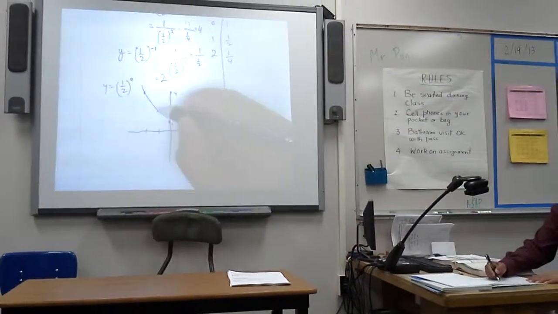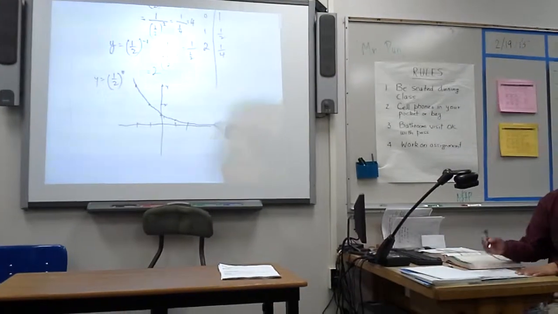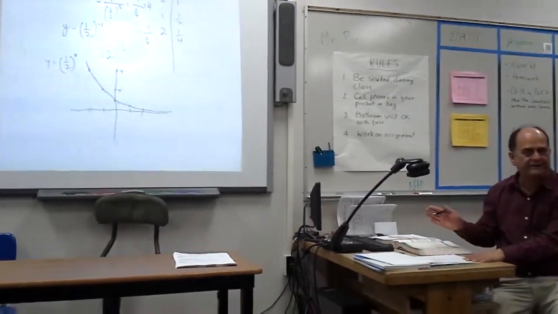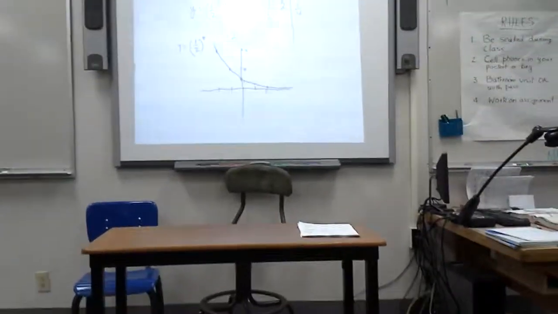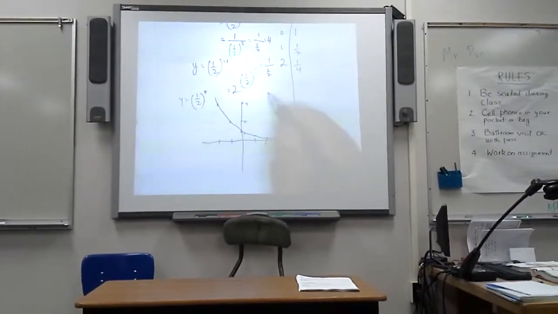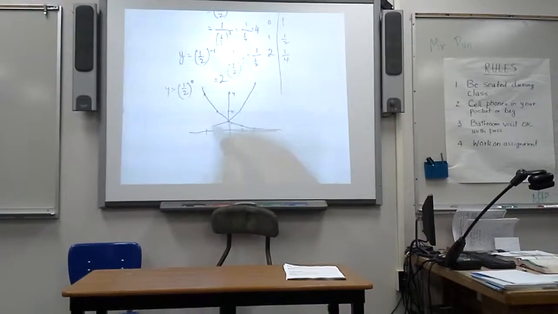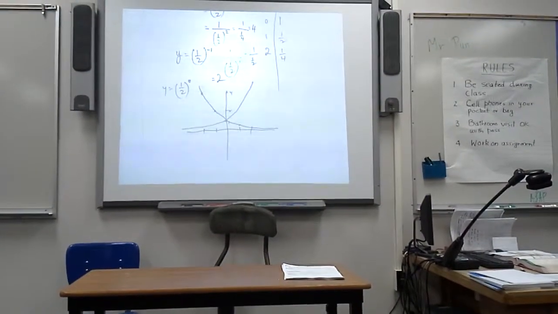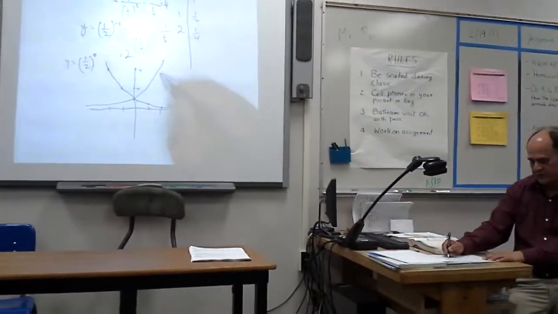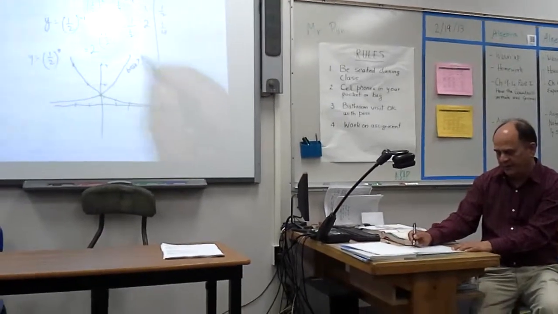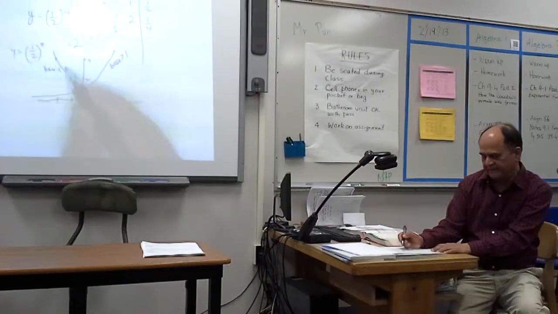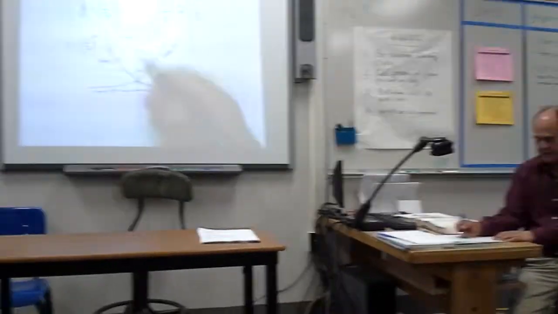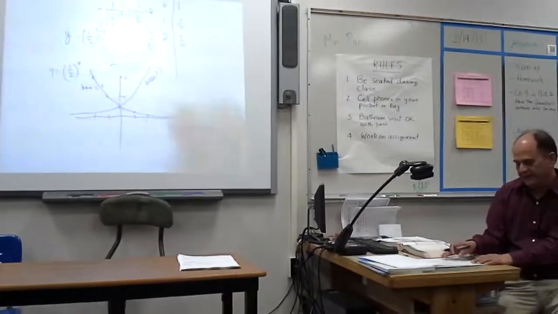So you notice the curve goes from left to right. The other curve we did for a value greater than 1, the curve went something like this. So this is the base greater than 1. This is the base less than 1, between 0 and 1.